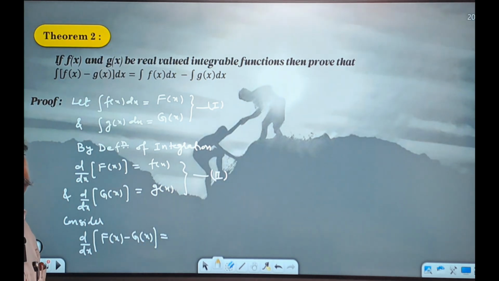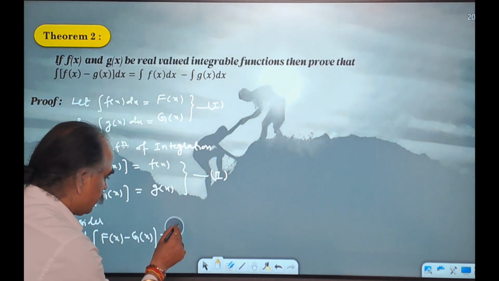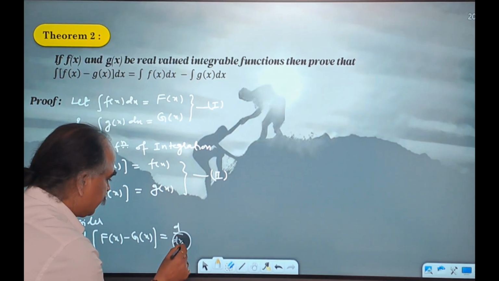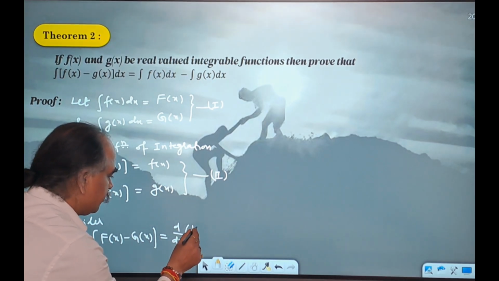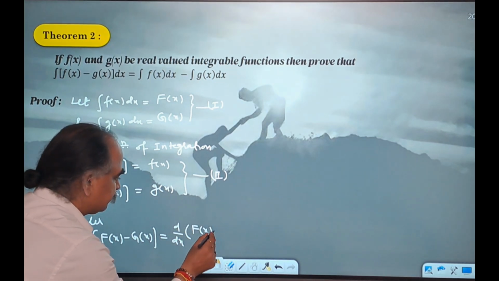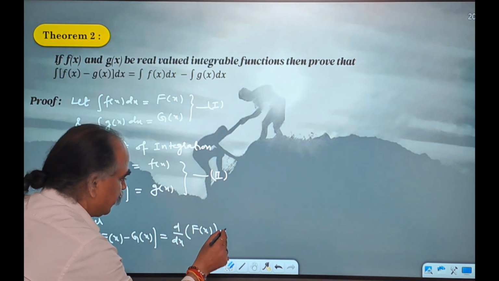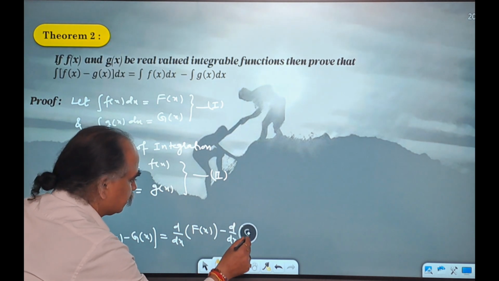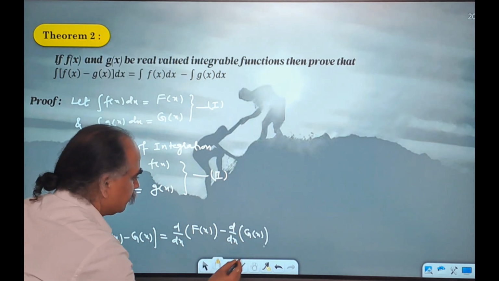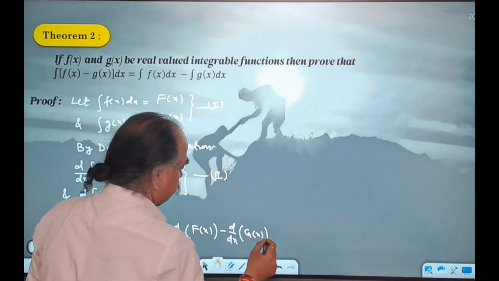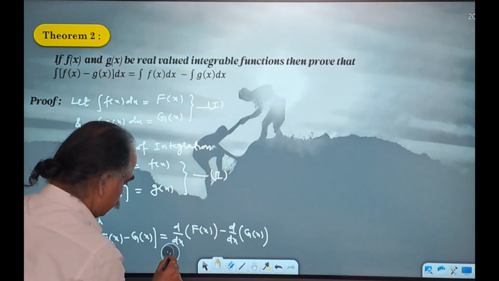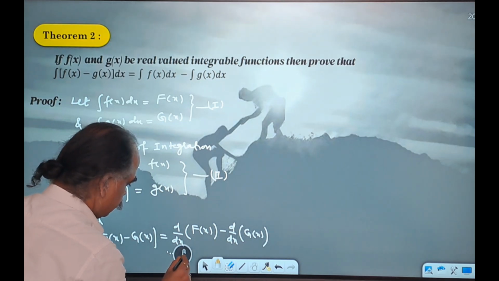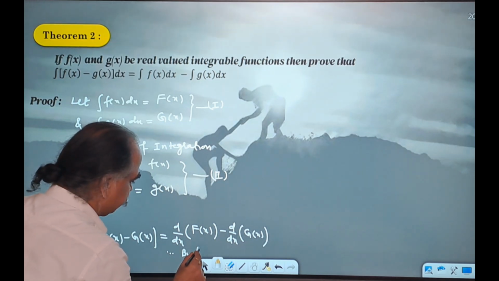But by formula of derivative, derivative of u minus v is derivative of u minus derivative of v. D by dx of capital Fx minus d by dx of capital Gx, by rule of derivative.